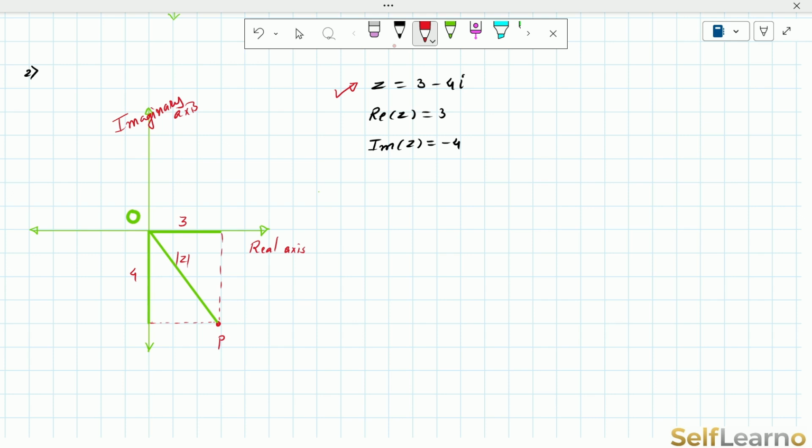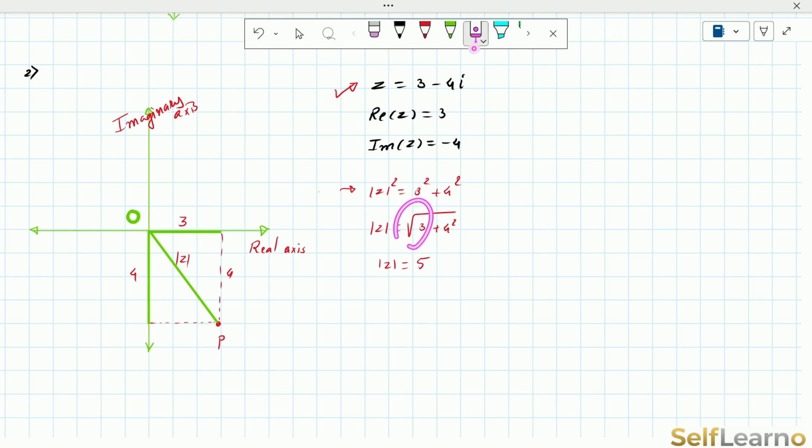So over here, I can apply the Pythagoras theorem again. Modulus z square is equal to 3 square plus 4 square. So modulus z is under root 3 square plus 4 square. So you will get the same answer, positive 5.